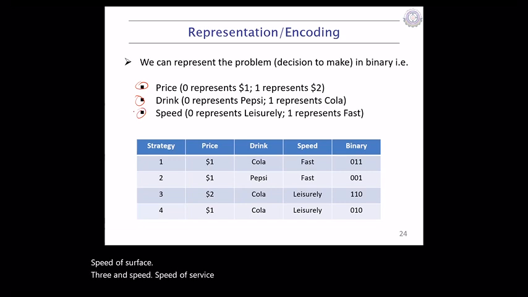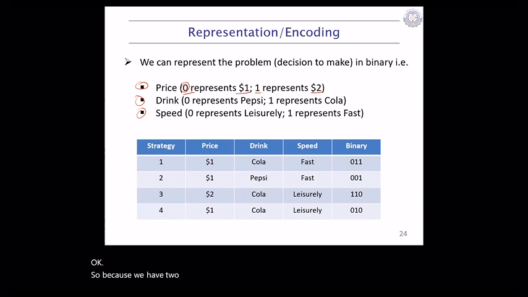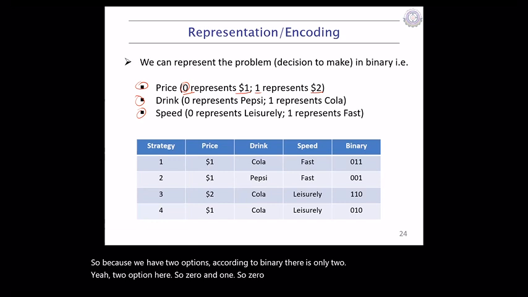So for price, we have $1 or $2. 0 represents $1, and 1 represents $2. Because we have two options, according to binary, there are only 0 and 1.